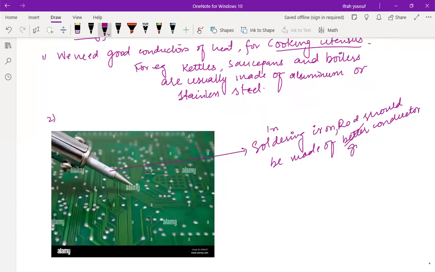I should write: made up of good conductor of heat, right? Like copper, so that it can bear more temperature.